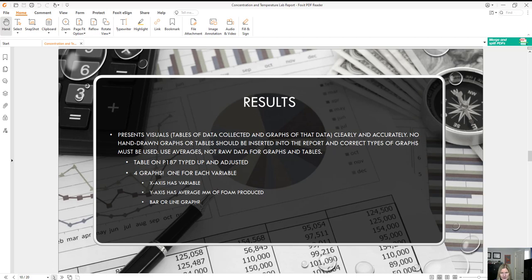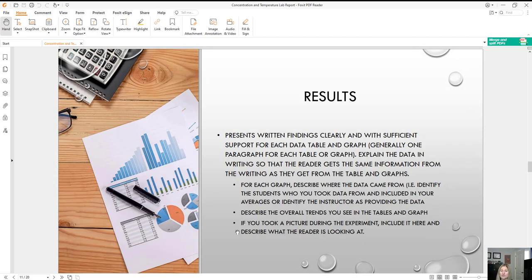Okay. In addition to the table and the graphs, you're going to include paragraphs. So each paragraph, I would section it off. One paragraph for the pH experiment, one for the temperature, and so forth. So for each variable, you're going to, first of all, identify where that data came from.